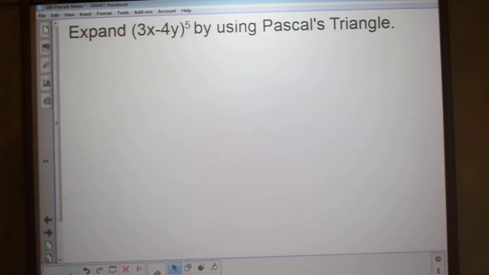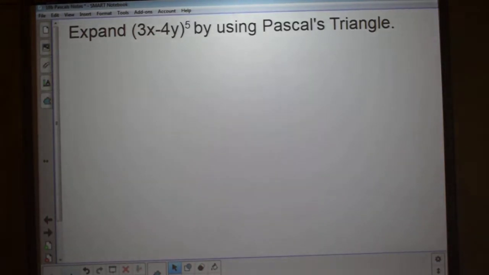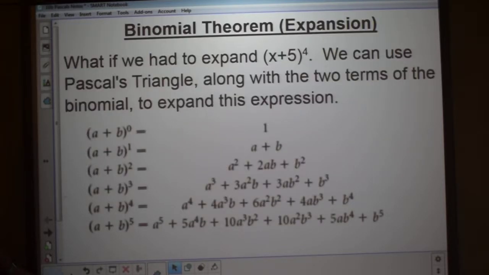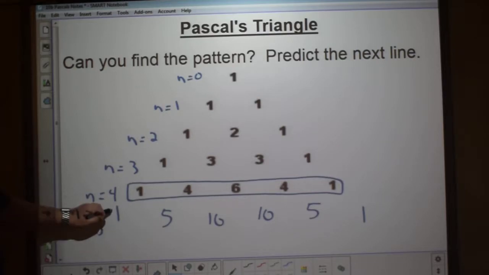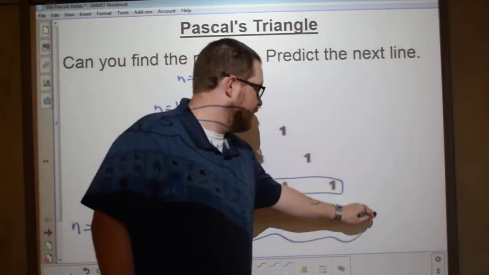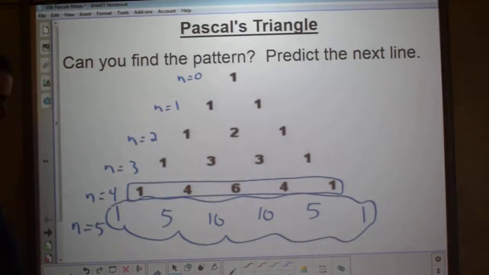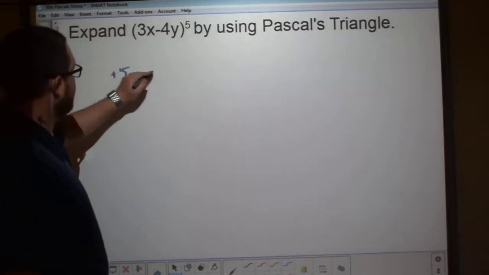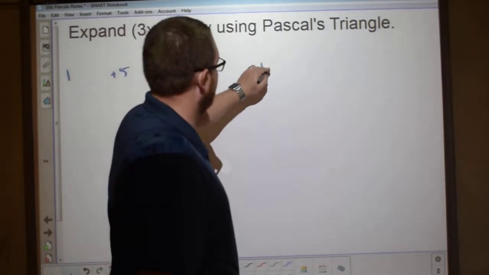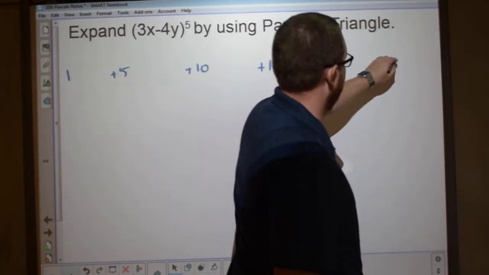Let's try one that's a little bit more complicated. I want the fifth power of Pascal's triangle, so it's this line that I did here a second ago. 1, 5, 10, 10, 5, 1. So those are the coefficients.